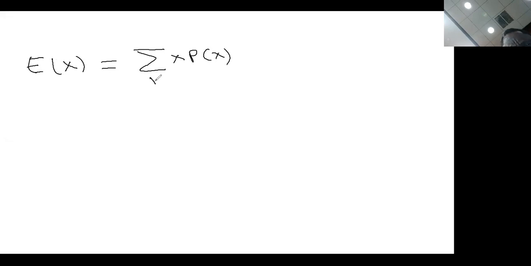Now, let's look at the mean. The mean of x is equal to the sum of x times p of x, x going from 1 to infinity. Remember that x was 1, 2, 3, 4, 5 to infinity. Multiply x by the probability of x and add them up. It is a little bit different here.